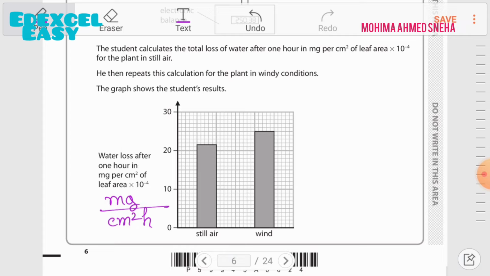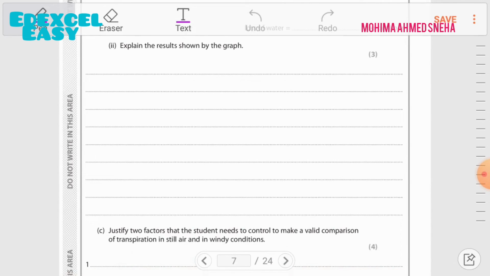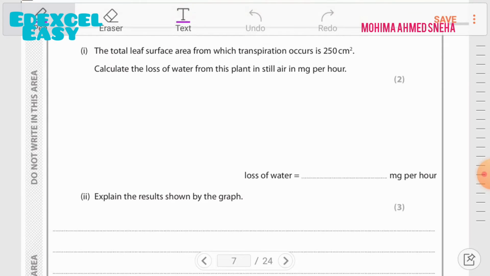So it is basically water loss per hour. The total leaf surface area for which transpiration occurs is 250 centimeter square. Calculate the water loss from this plant in still air in mg per hour. So we need to just find the water loss in mg per hour without the area.